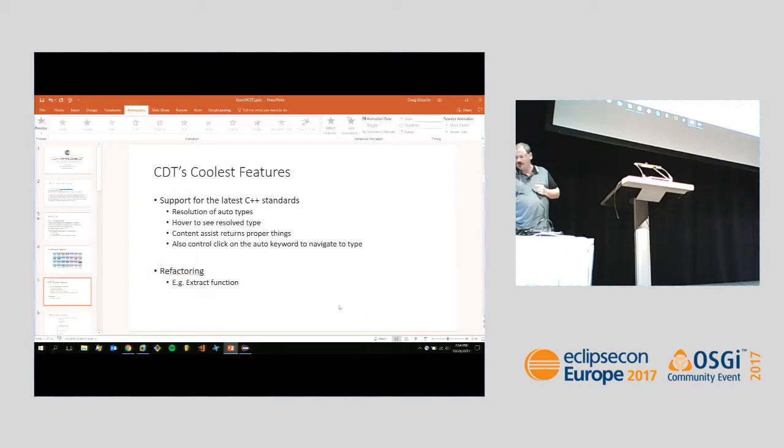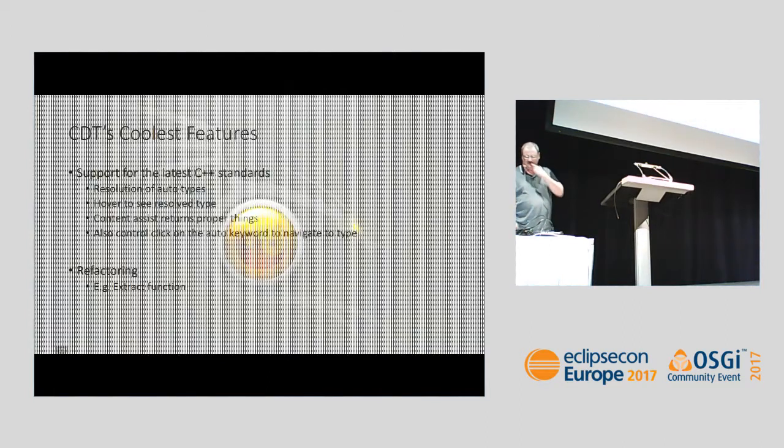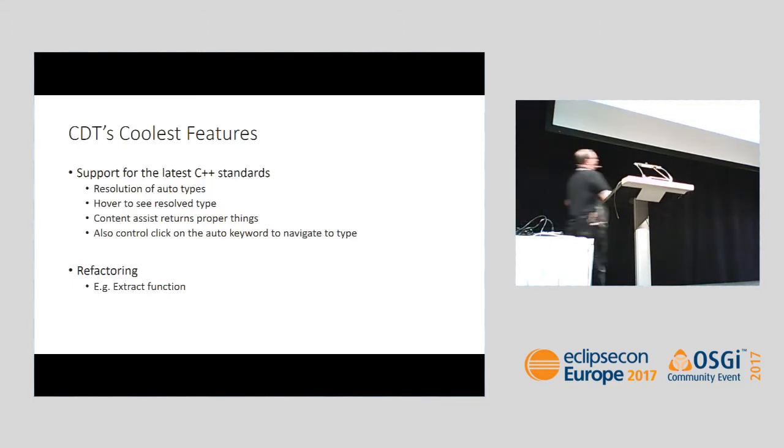We also have refactoring. This is also a not very well-known feature. I don't really have a demo of that prepared, but we have things like extract function, where you can select a bunch of code inside of a given function or method and start up the extract function refactoring. It works a lot like the Java refactoring does.